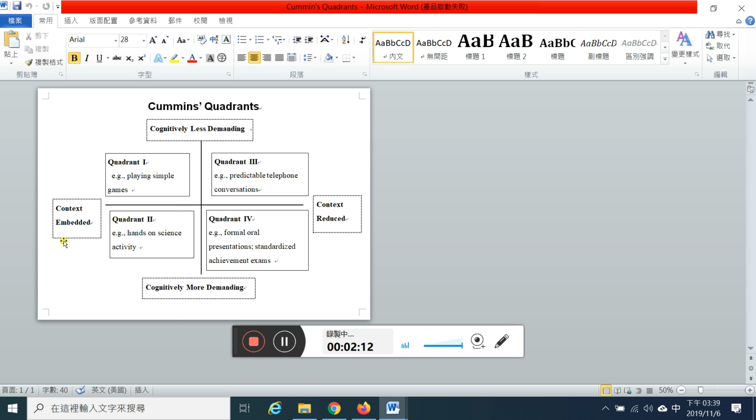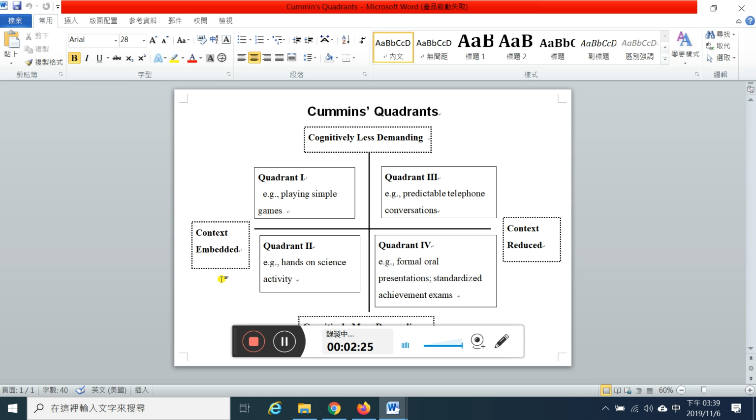On the left side, this is context embedded. This is context reduced. In the context embedded, please write down more clues, C-L-U-E-S. Clues mean you have more contextual support in the conversational or writing situation.